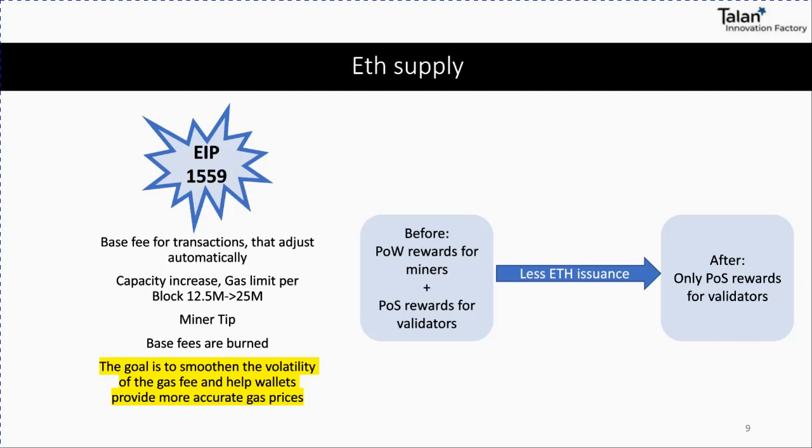which is just a fee that any transaction will pay directly. What happens when we reach this 25 million limit, which means that the network is saturated, is that this base fee will increase, and it will be like a barrier for the majority of transactions.